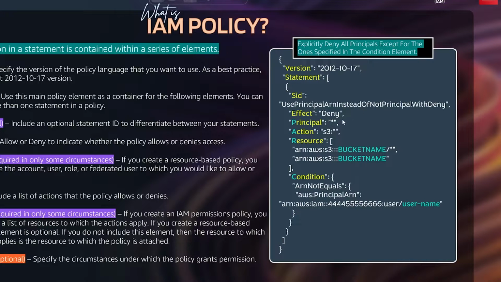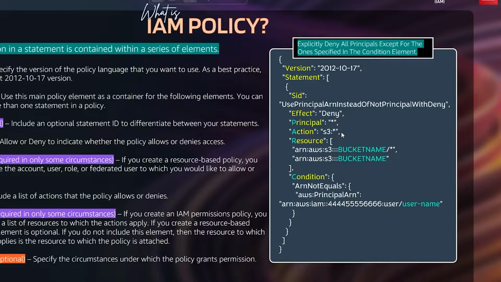Next is the principal, which is star. Star means you are including all principals. Just think about this. You have the effect deny and the principal is saying that it is for all principals. So till this point, the policy is saying deny all access to all the principals. On what action? s3:*, which means all the bucket operations.